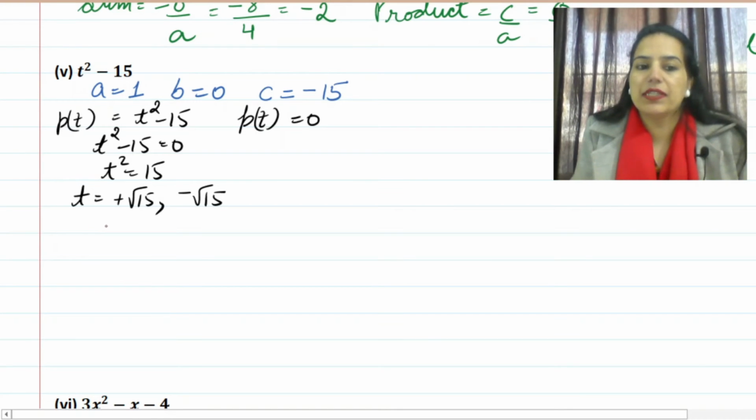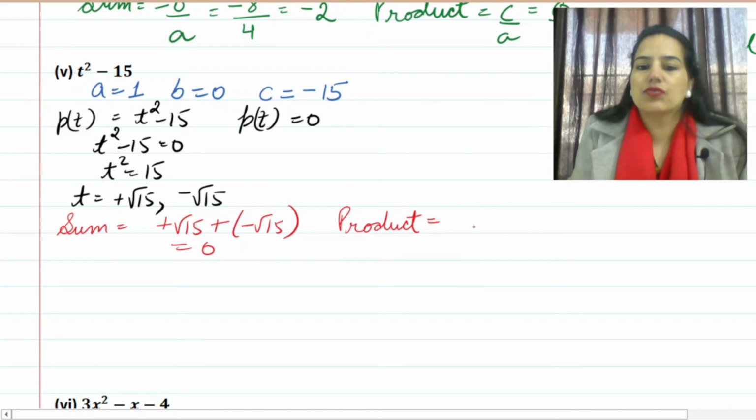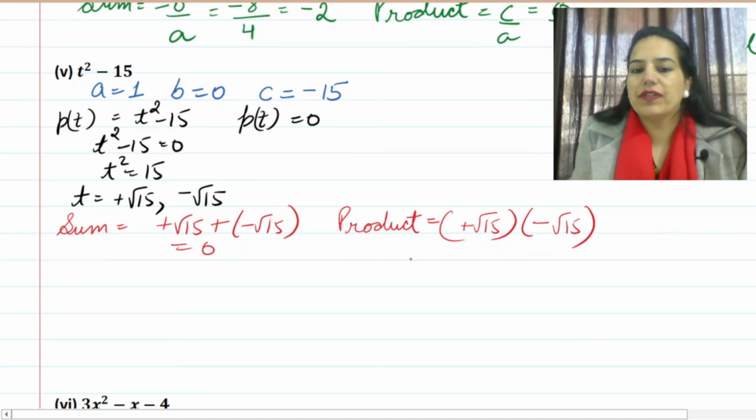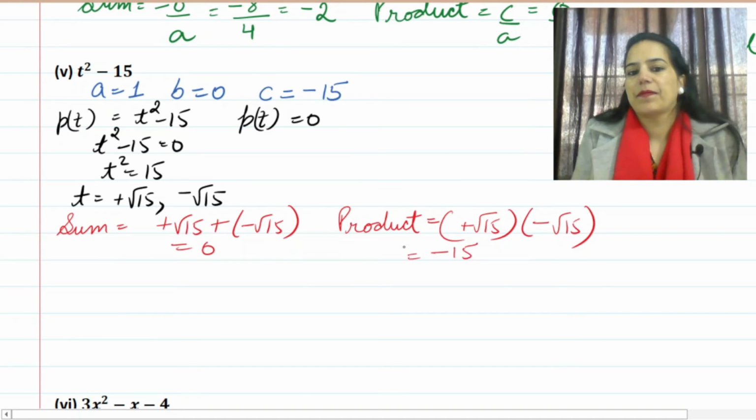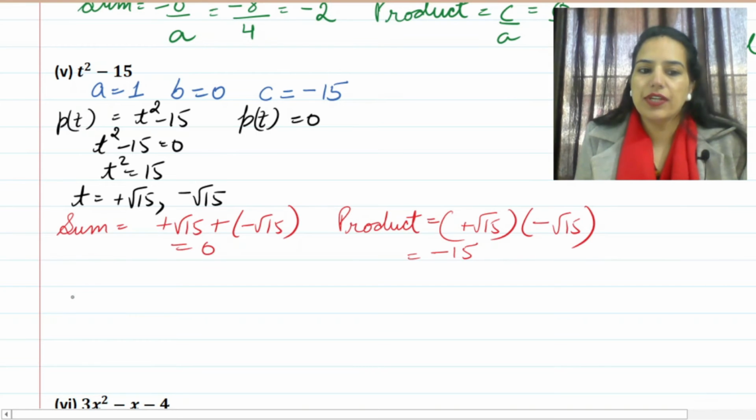So, what will be the sum? Plus root 15 plus minus root 15, and the sum will be 0. And the product will be equal to plus root 15 multiplied by minus root 15, we will get minus 15.